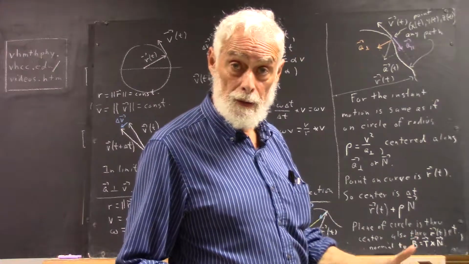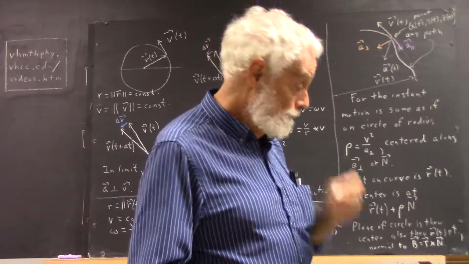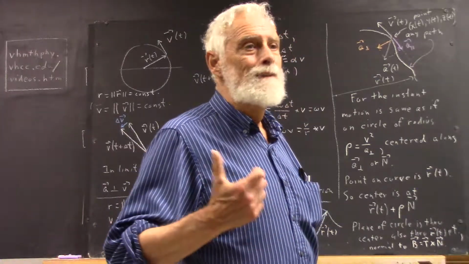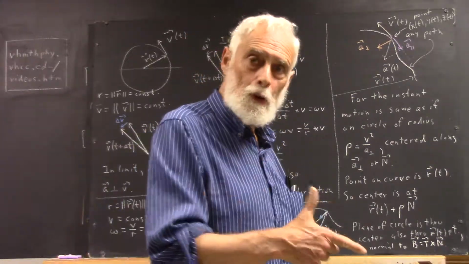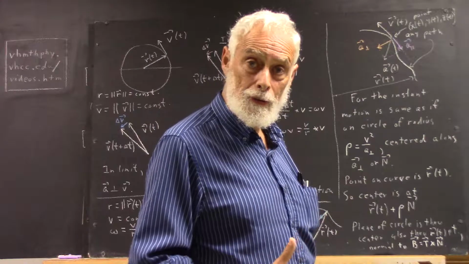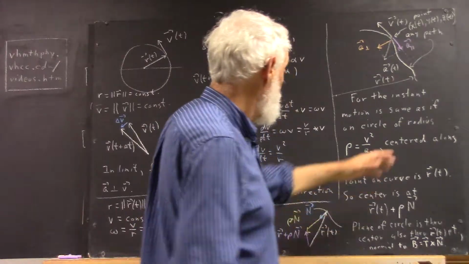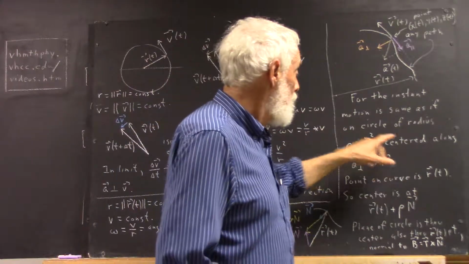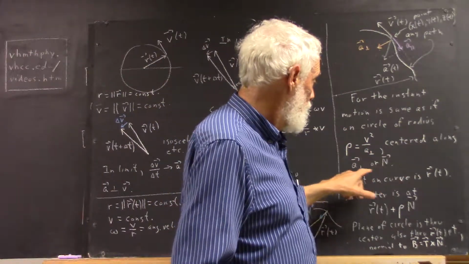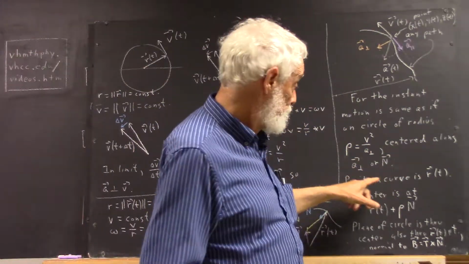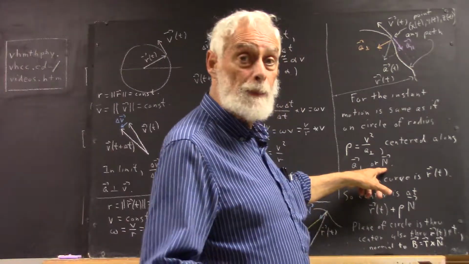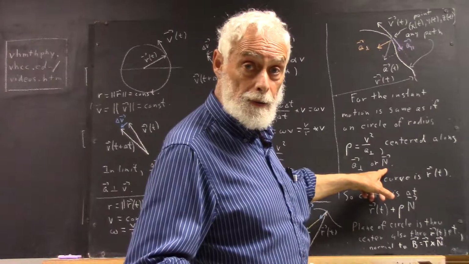Why is it centered along that line? Because centripetal means back toward the center of the circle. And we established that over here. Okay, so there's the radius, and the center is along this line, the a perpendicular, or I'm using capital N for the unit normal vector.